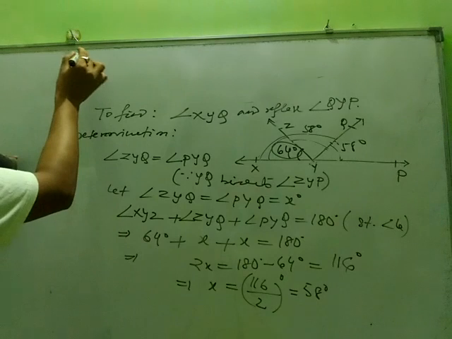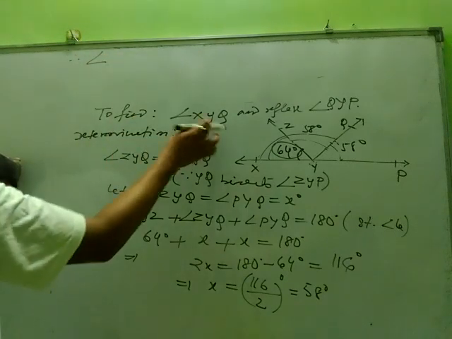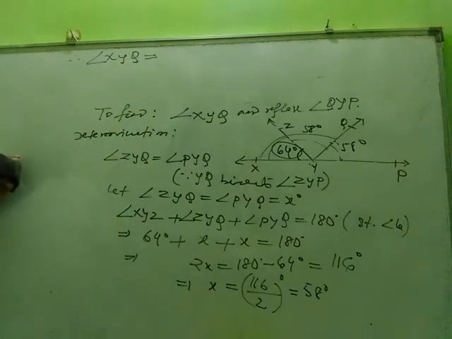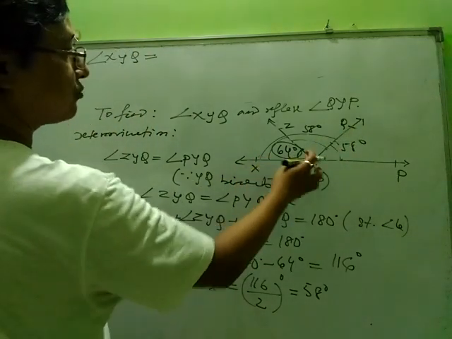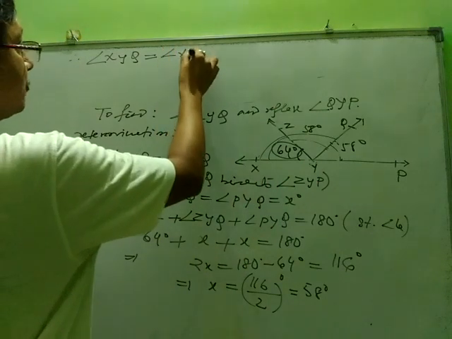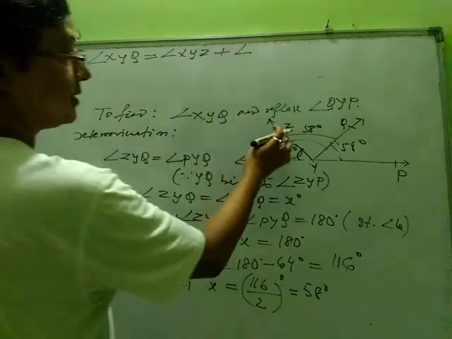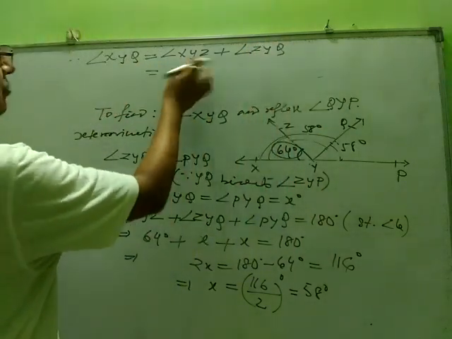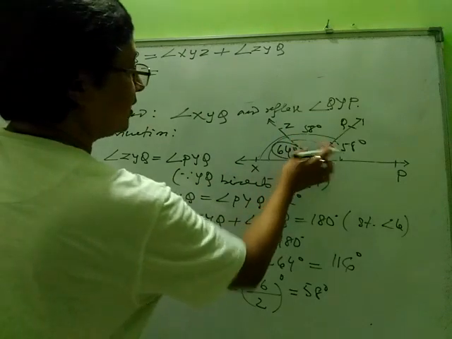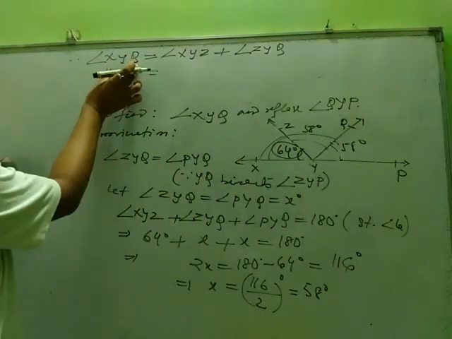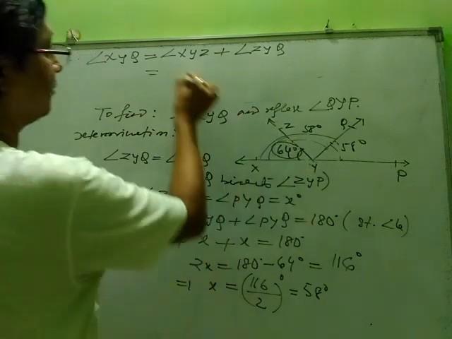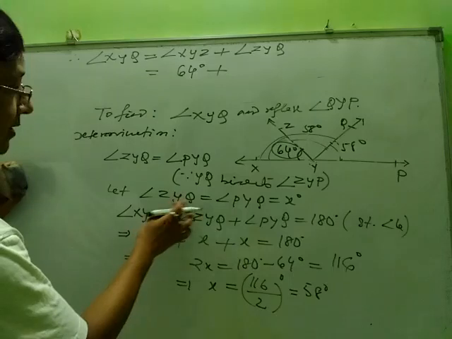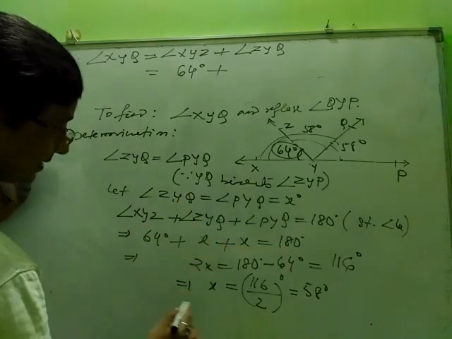Therefore angle XYQ equals angle XYZ plus angle ZYQ. XYZ is 64, plus ZYQ, which is x.